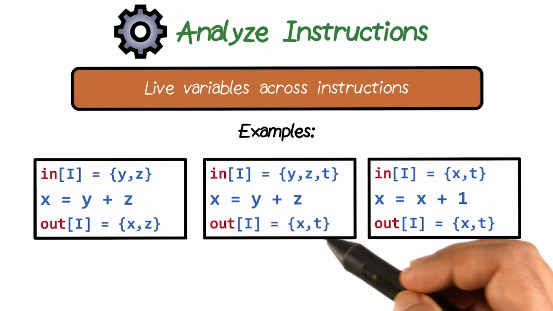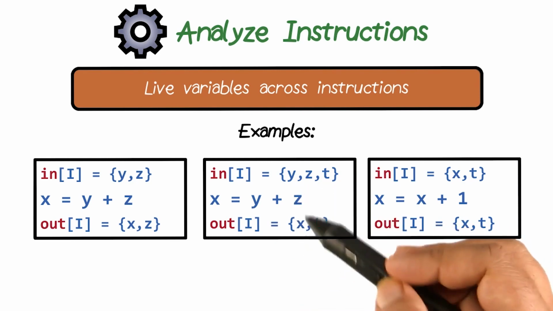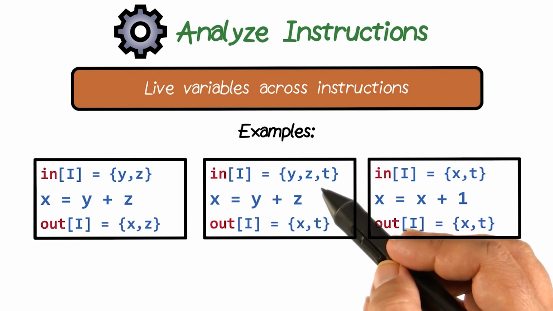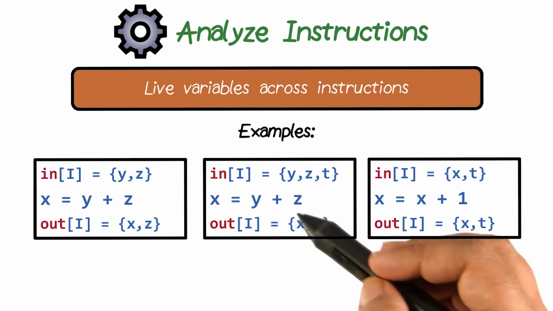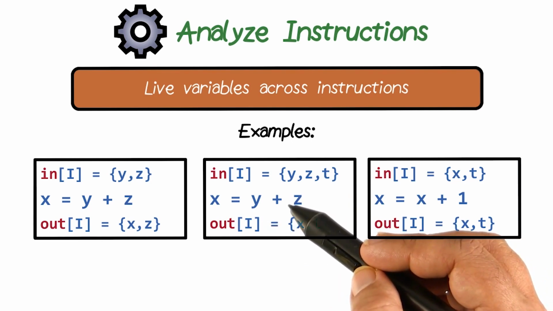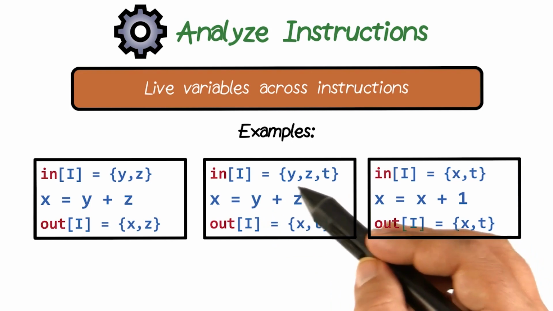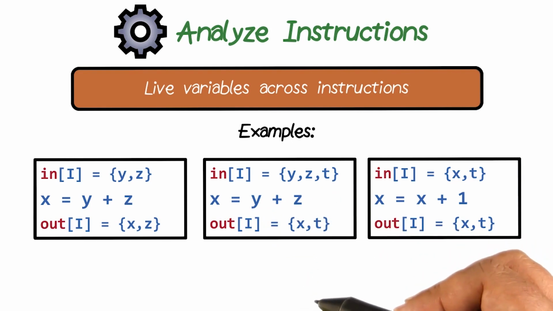Secondly, t remains live because t was being used somewhere down from here, and the answer to whether t is being used down from here remains yes, and so t remains live. And in addition, y and z are being used from this particular point down, and so they become live and are added to the live set here, even though they may not be live over here.